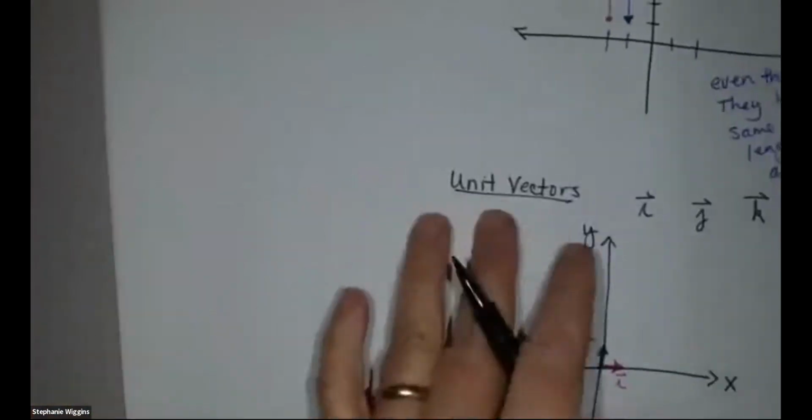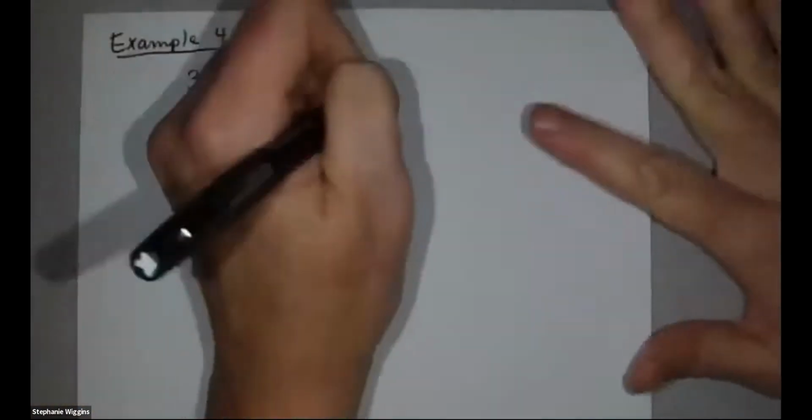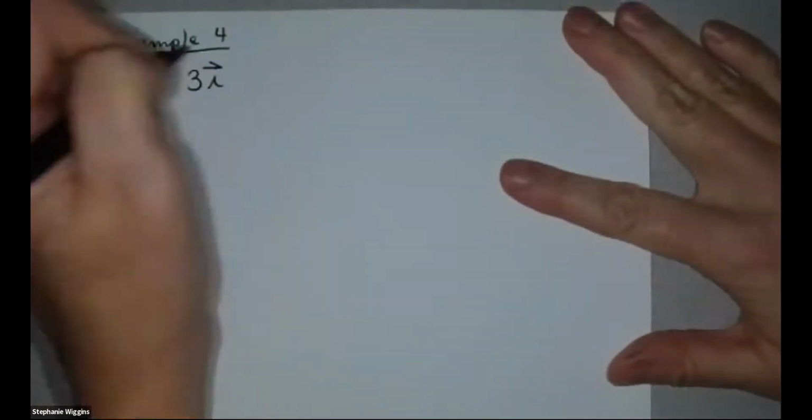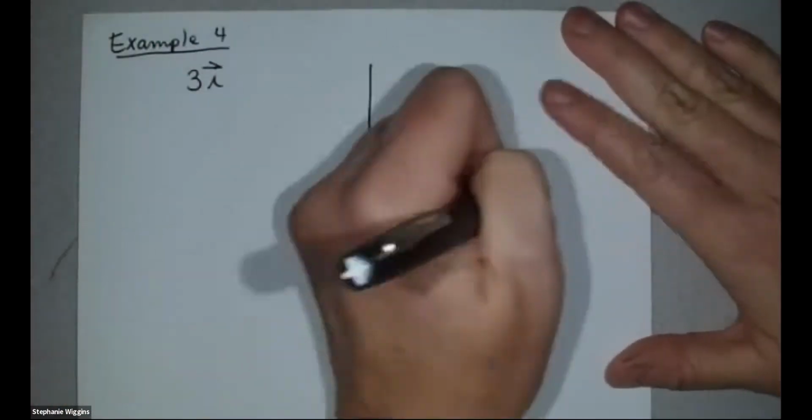All right, let's look at some examples, and you'll see how great these unit vectors are in helping us to talk about vectors or to identify them. So 3i, let's say if I want to draw that, I'm forgetting my little hat there, okay?